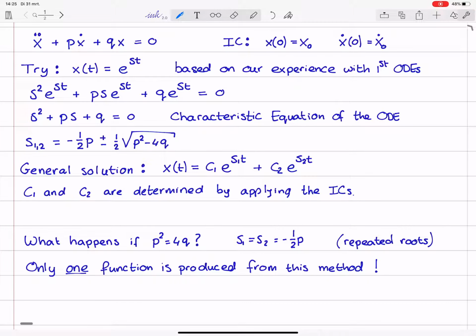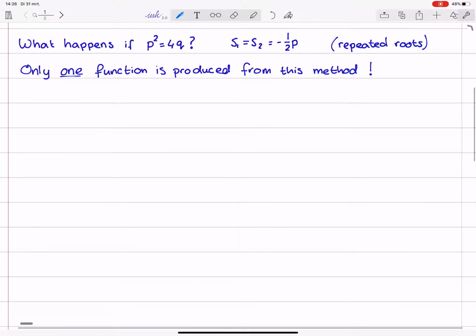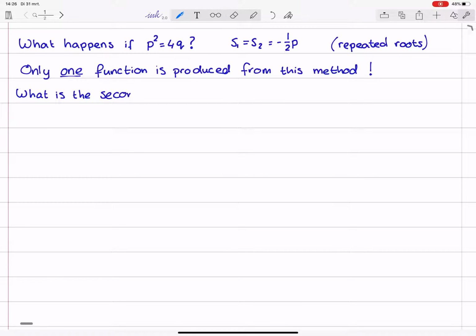Okay, so clearly e to the power minus a half pt is a good solution. What is the other one? What is the second solution?